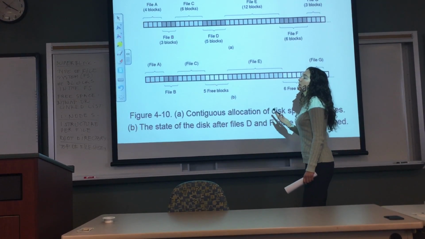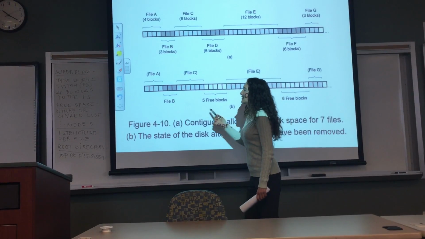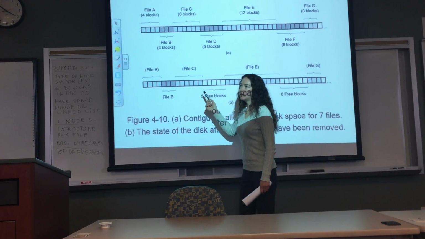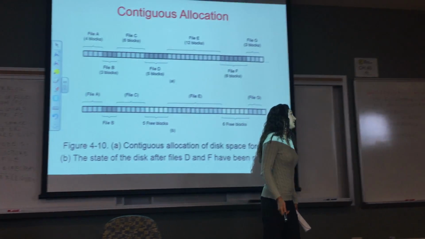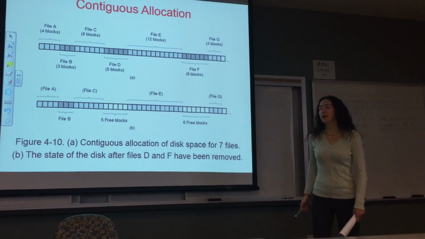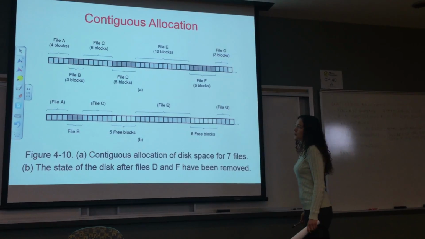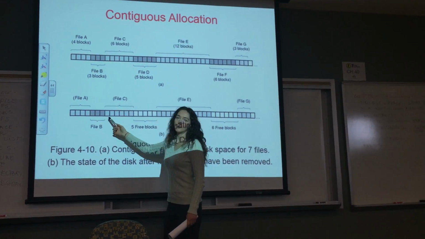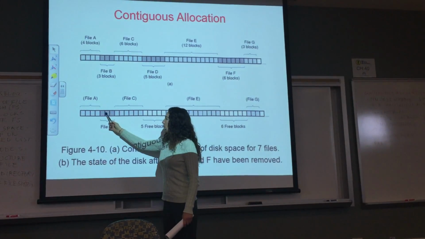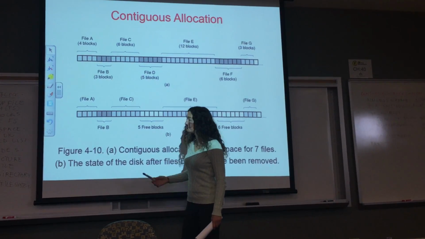So we would eventually have to delete some of these files. Either the user ran out of space or doesn't want these files anymore or made a mistake, and so we end up deleting some files. And if they do that, let's say this file B was removed from here, right? So these three blocks are now free.